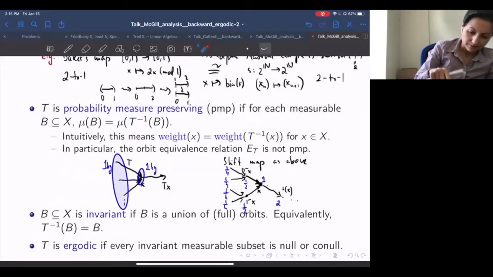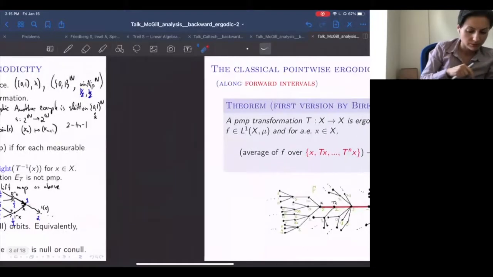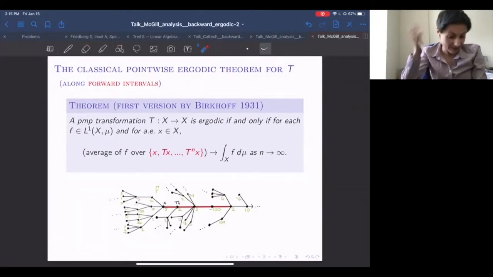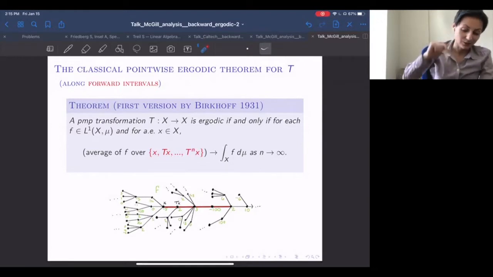Let's move on. Now, I want to right away remind everyone about the first pointwise ergodic theorem there is, Birkhoff's ergodic theorem.